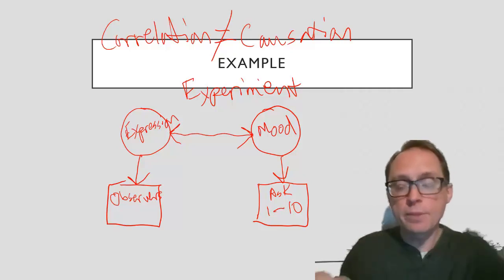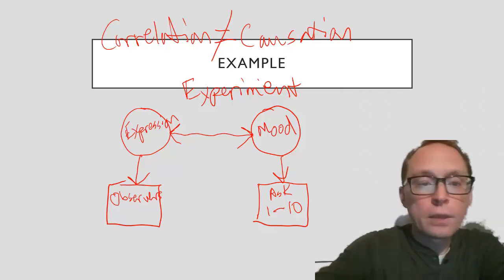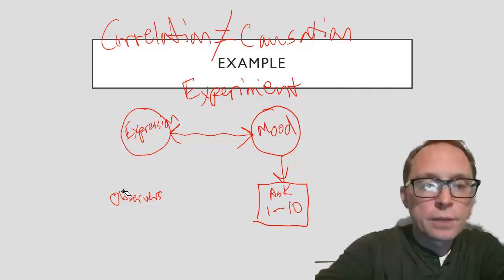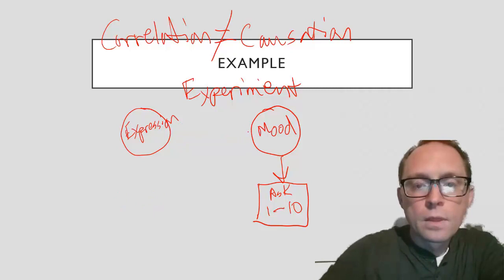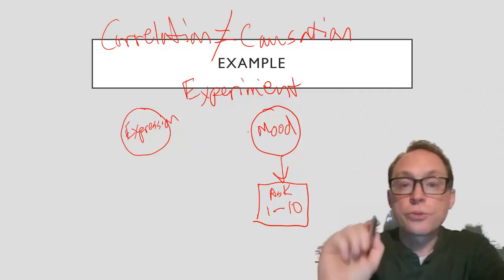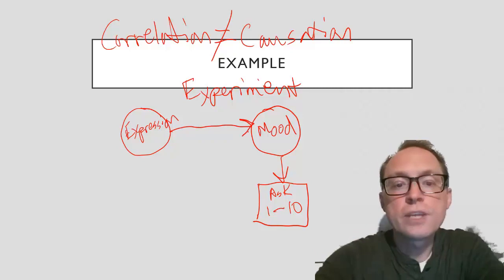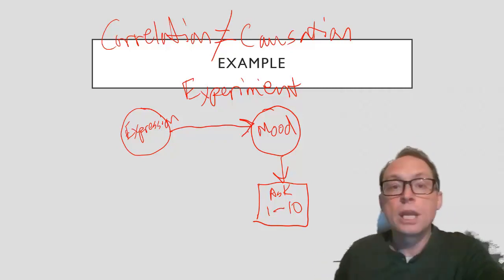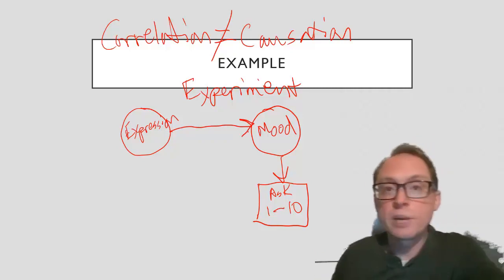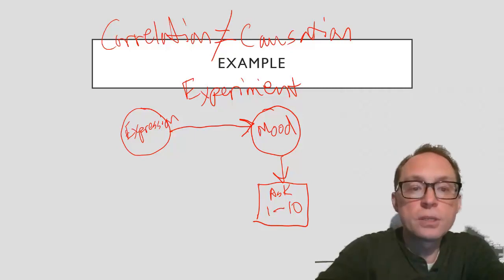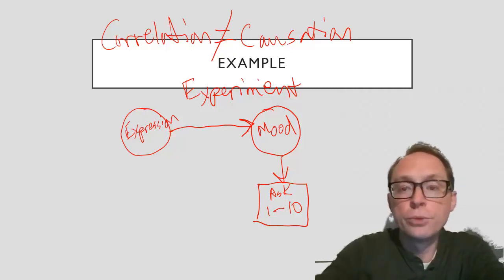In order for that to happen, let's change a couple things. So this hypothesis says, I think the expression changes the mood. Notice how now it is going from one conceptual variable to another. The expression is changing the mood.